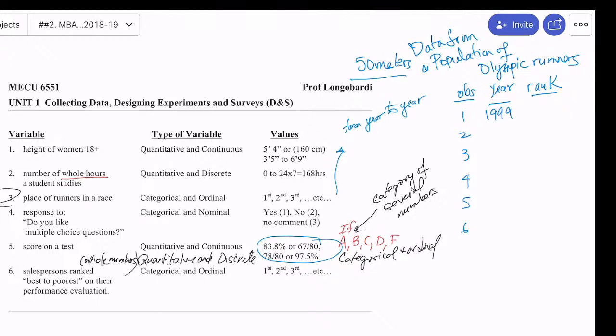In 1999, the first person that I looked up, their rank was second, and then in 1999, somebody else, and their rank was first, and in 1999, somebody else, and their rank was, let's say, 13. So I have all this data from 1999, and then, let's see.